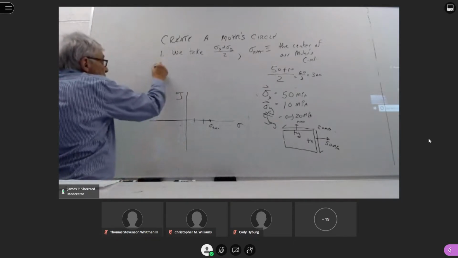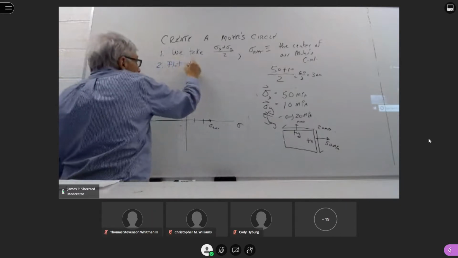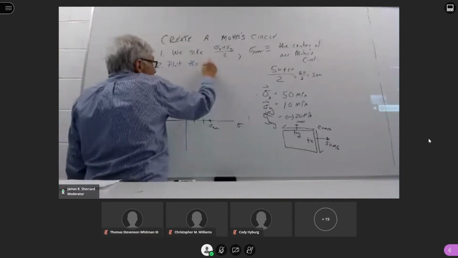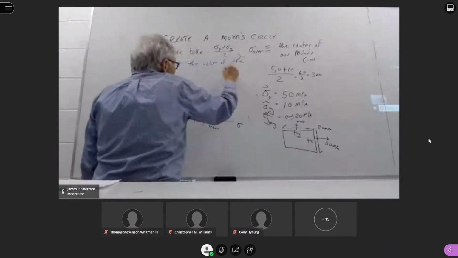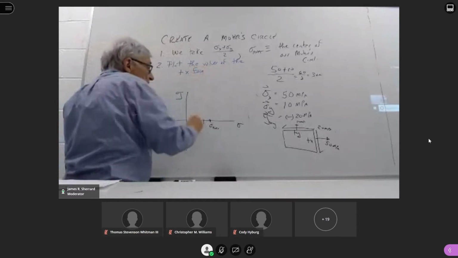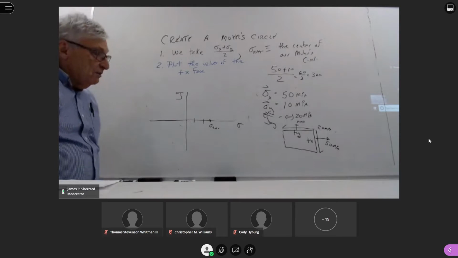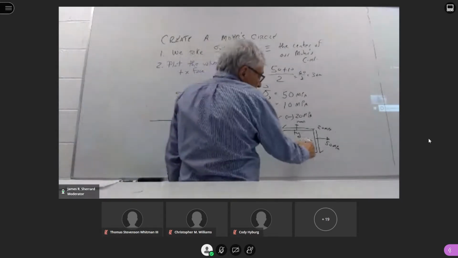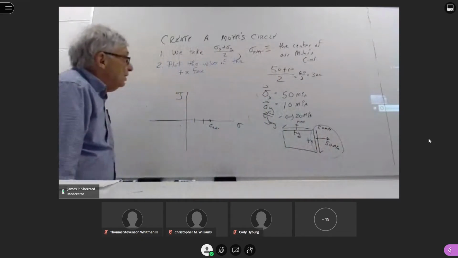The next thing I need to do is to plot the values of the plus X face. So what is the plus X face? This is the plus X face. So I'm looking at those values.